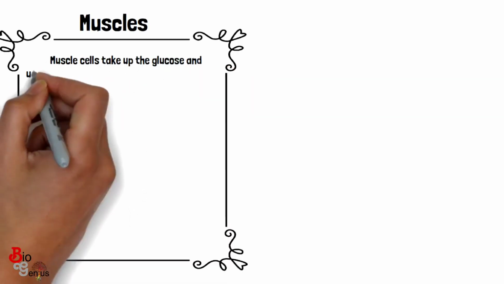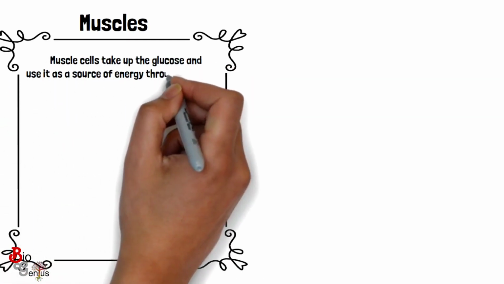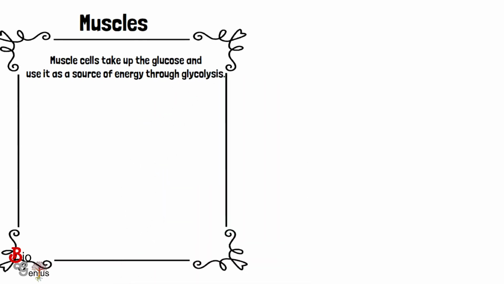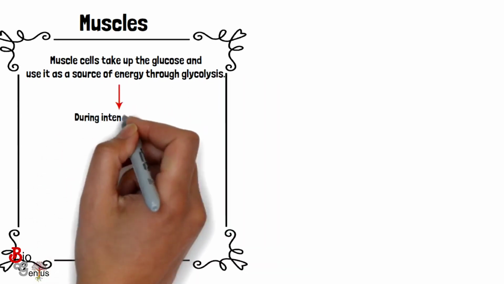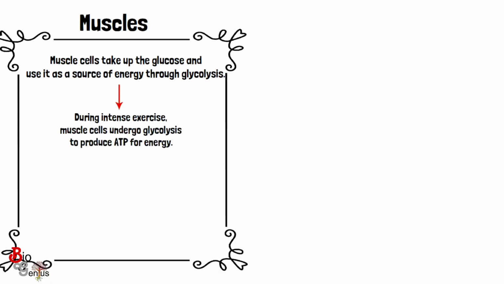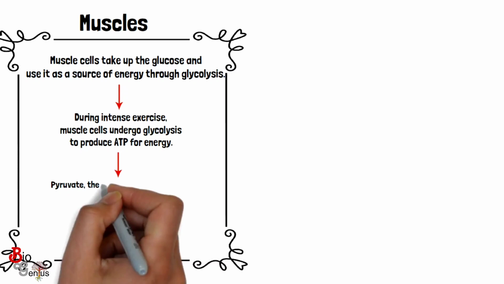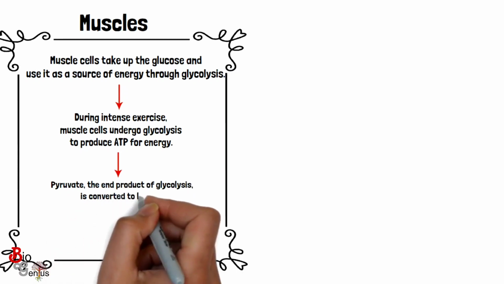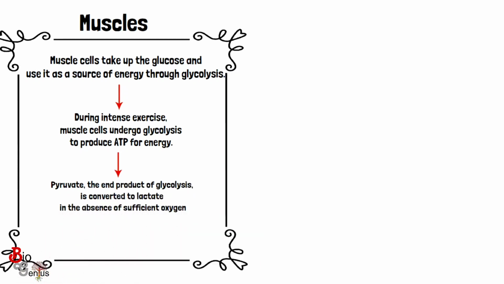Muscle cells take up glucose and use it as a source of energy through glycolysis. During intense exercise, muscle cells undergo glycolysis to produce ATP for energy. Pyruvate, the end product of glycolysis, is converted to lactate in the absence of sufficient oxygen. Lactate is released into the bloodstream.